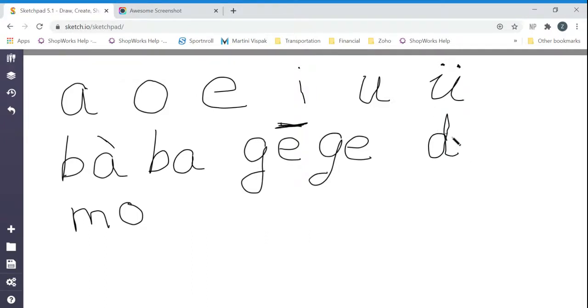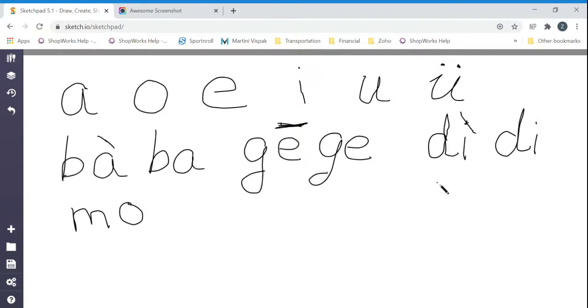And then that goes like the fourth tone. So D goes down, the tone has to go down. Remember the first tone is like ah, second tone ah, go up.